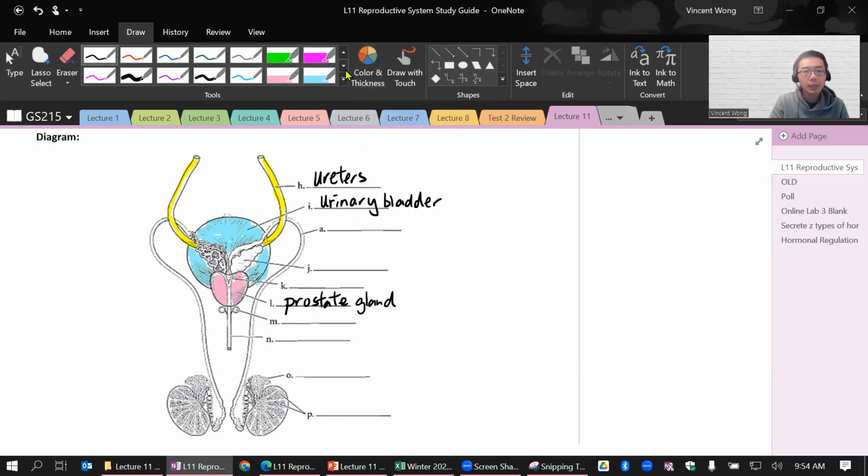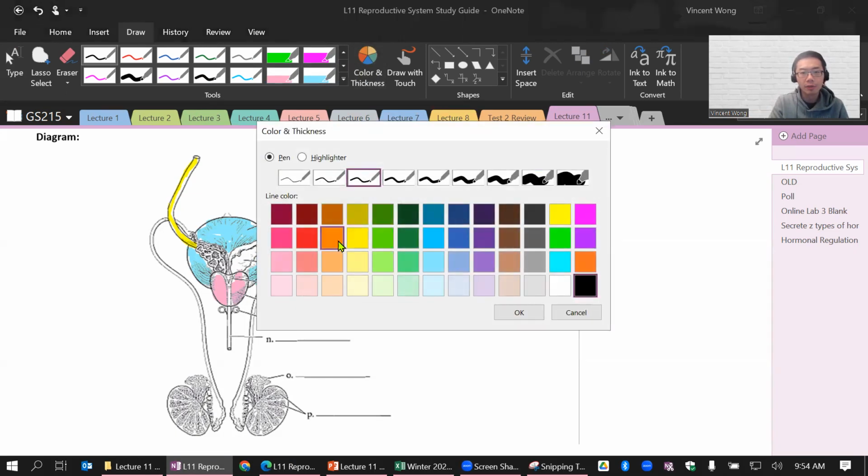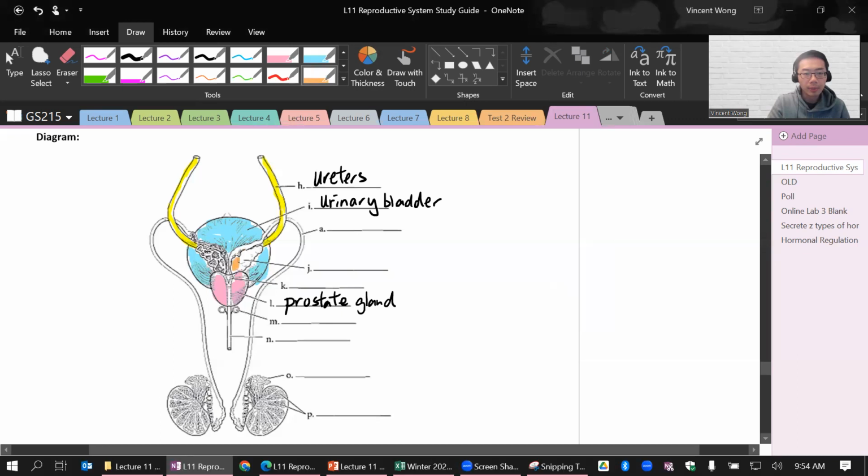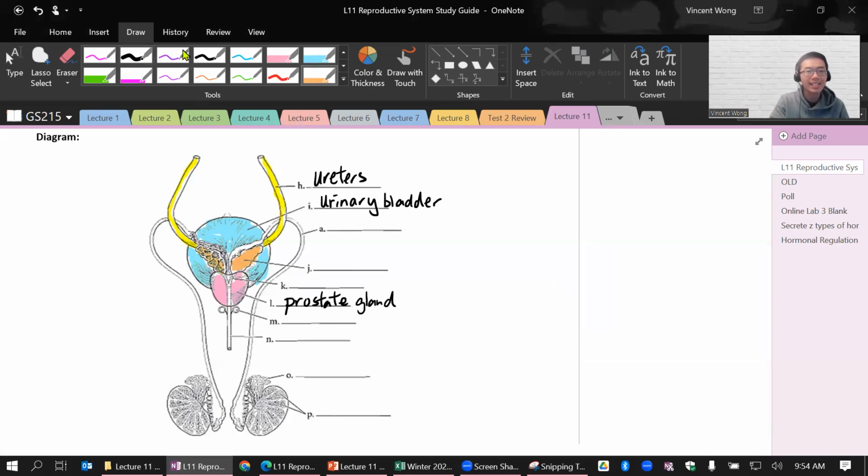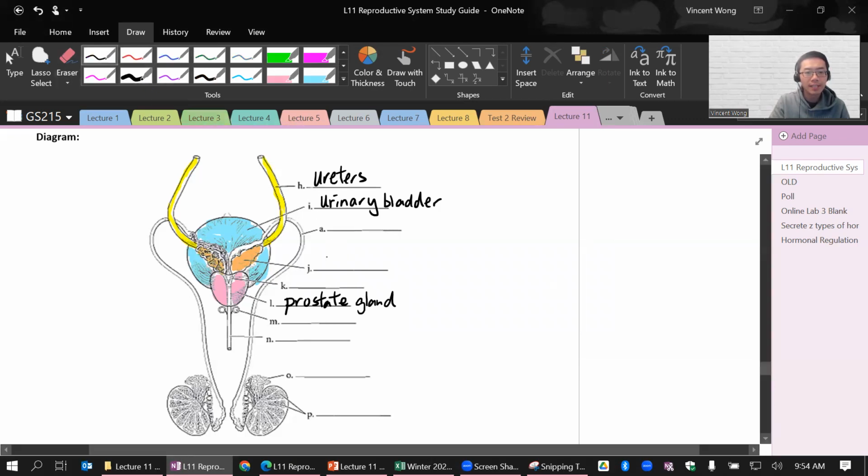Now, there are two other glands that contribute to the volume of the semen. Here's another pair of glands here. Those are called the seminal vesicles.